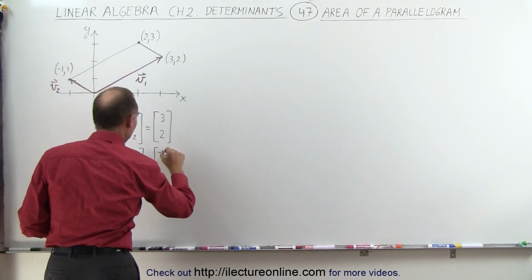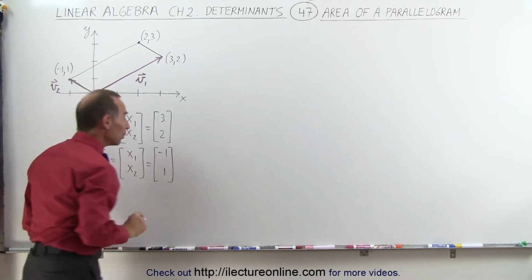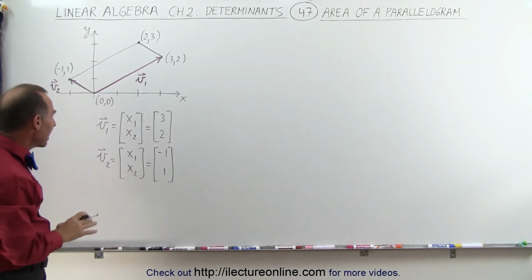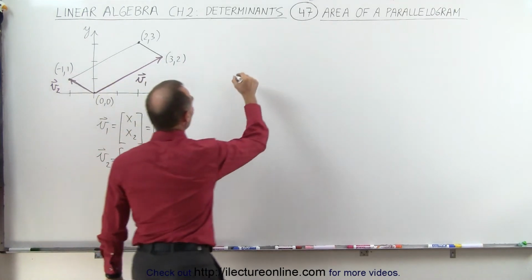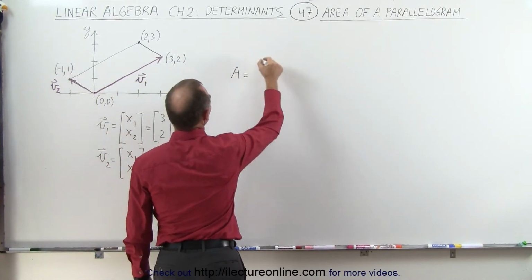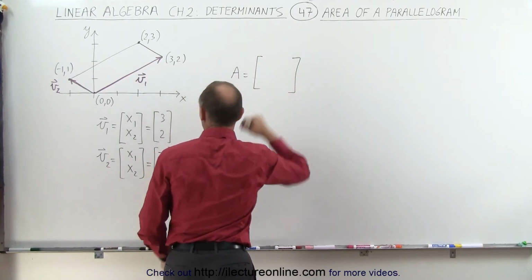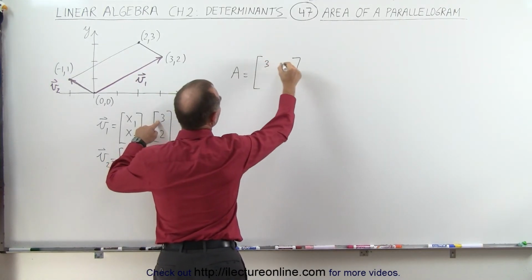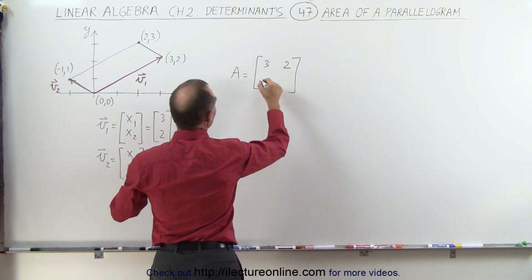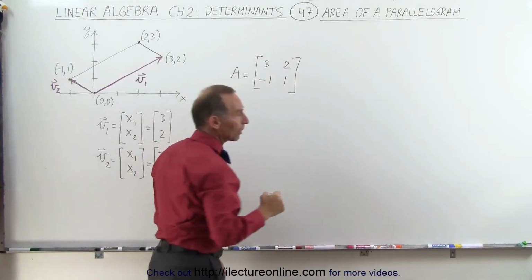We're now going to create the matrix A from those 2 vectors. We can represent the matrix A as vector 1 in the first row and vector 2 in the second row, which becomes 3 and 2 for the first row and -1 and 1 for the second row.